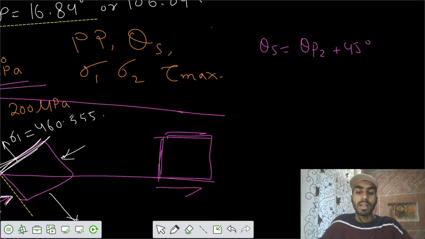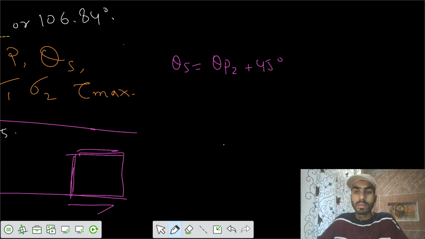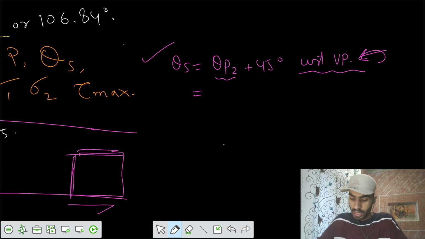So let's take the angle with respect to the vertical plane in the anti-clockwise direction, theta s equals to this one. We know that this was 16.84, and you substitute the value, you get theta s equals 61.84 degrees.